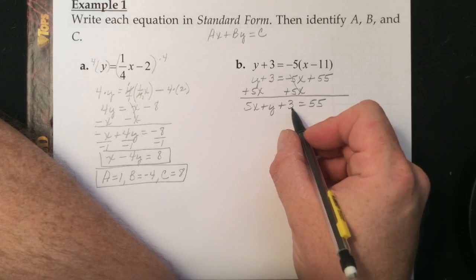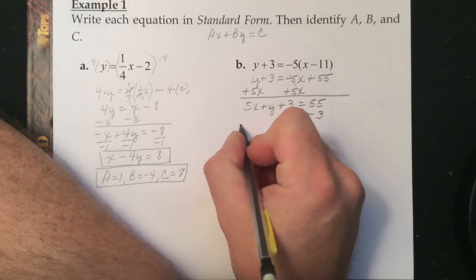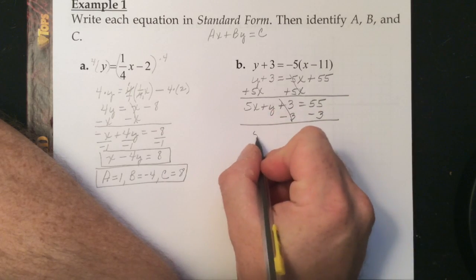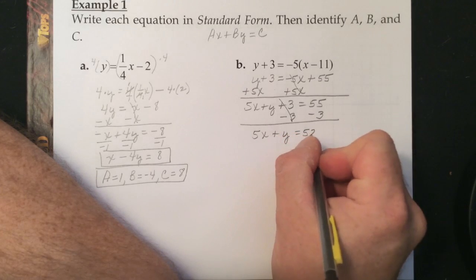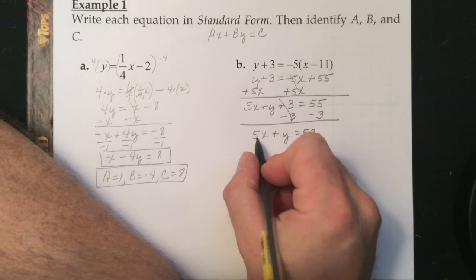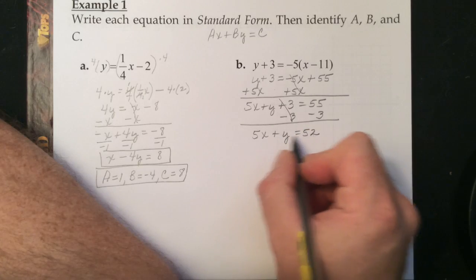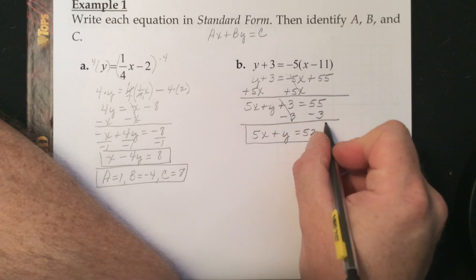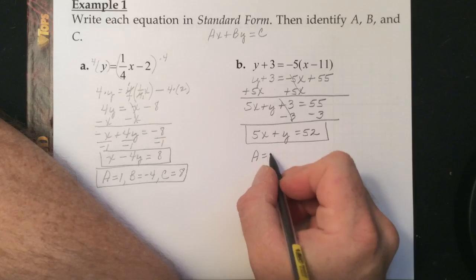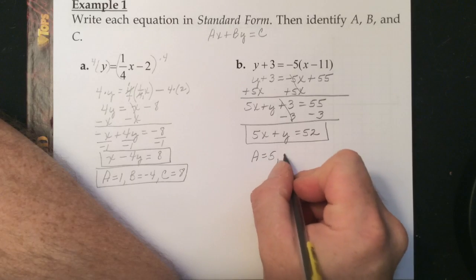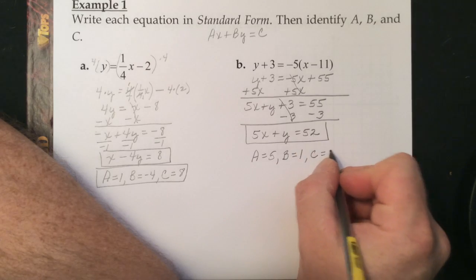Now we need to get this 3 and 55 to combine, so I'm going to subtract 3 from both sides, and that gives us 5x plus y equals 52. This is in standard form. This is positive, it's a whole number, and the coefficient and constant here are integers. So there it is, where A is the coefficient of x, which is 5, B is the coefficient of y, which is 1, and C is the constant, 52.